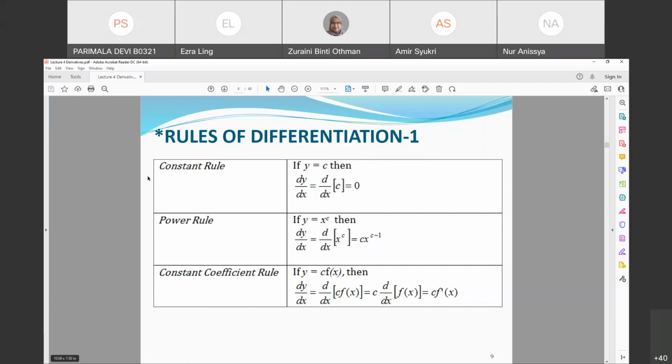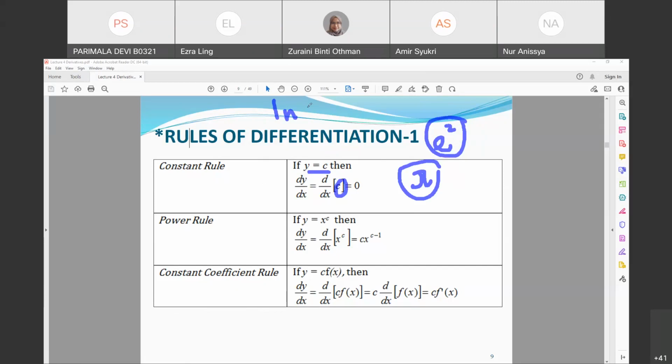Okay, in this constant rule, if we have an equation like this, constant c, every constant is a number, and you have to remember pi is also a number, exponent is also a number, because if you press your calculator, you get this kind of number.